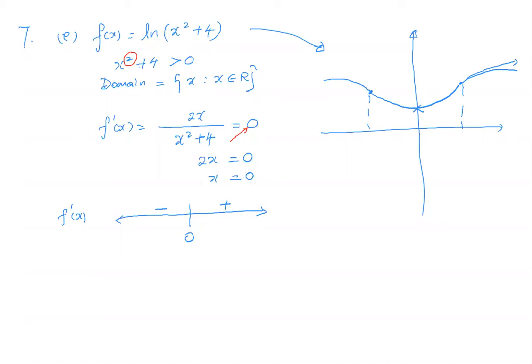Do you think you can sketch the graph for f prime x based on this? You try to sketch the graph of f prime x without the graphic calculator. So the graph of f prime x definitely will pass through here.